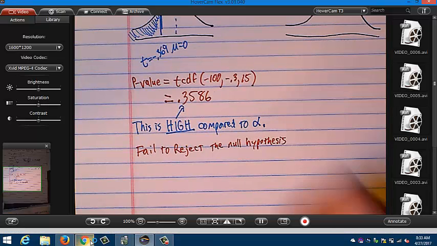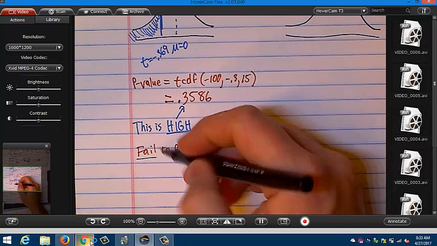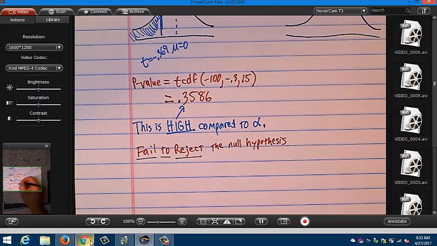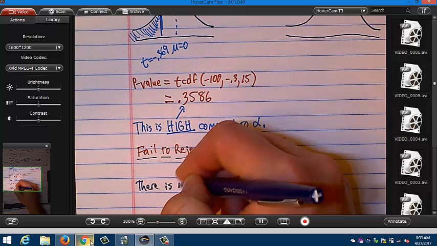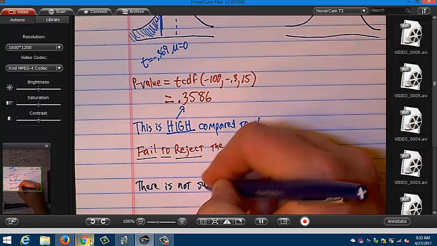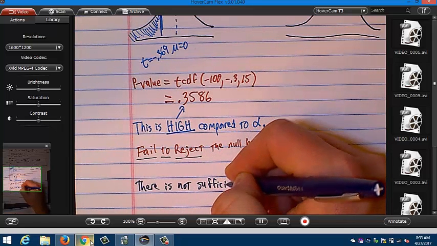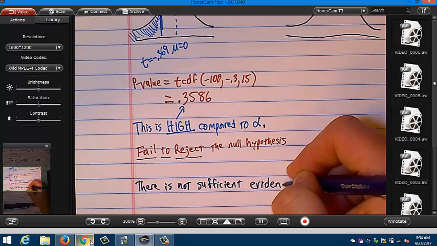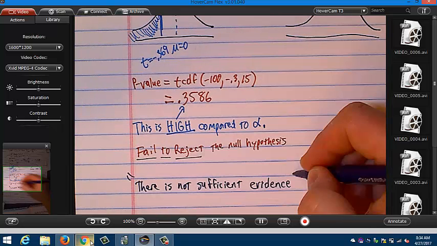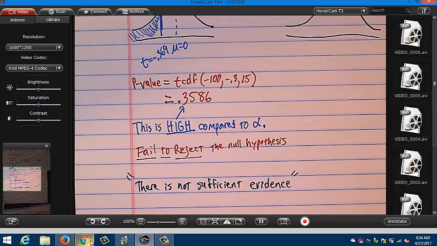If you ever write these words down, fail to reject, here's a good way to start your final conclusion. If we say fail to reject, we will say there is not sufficient evidence. That's what you would say if you see fail to reject.